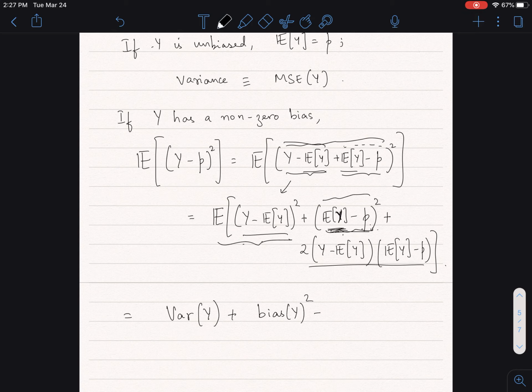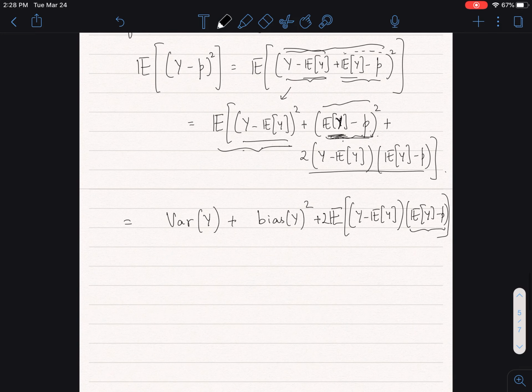Plus you have this term, which is 2 times the expected value of y minus the expected value of y, times the expected value of y minus p. Now this is a constant. I'm going to go over this a little bit fast because it's not terribly important.